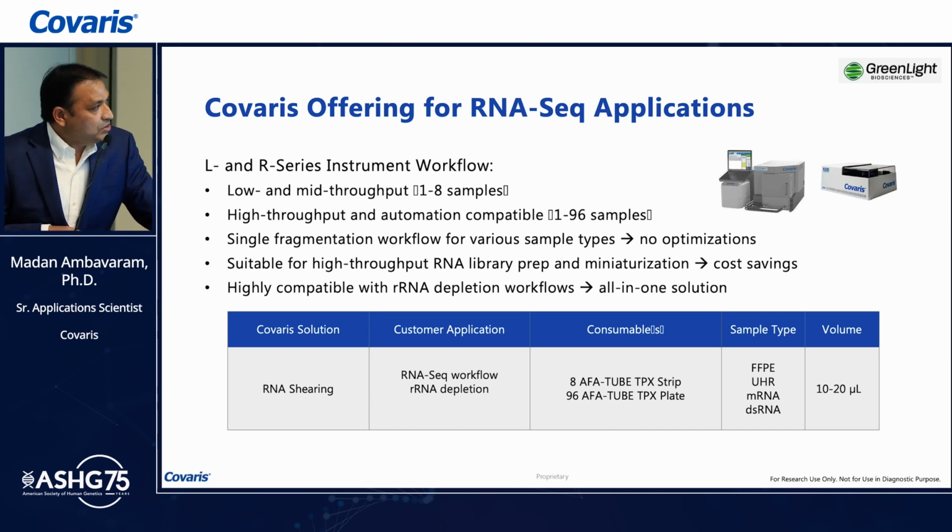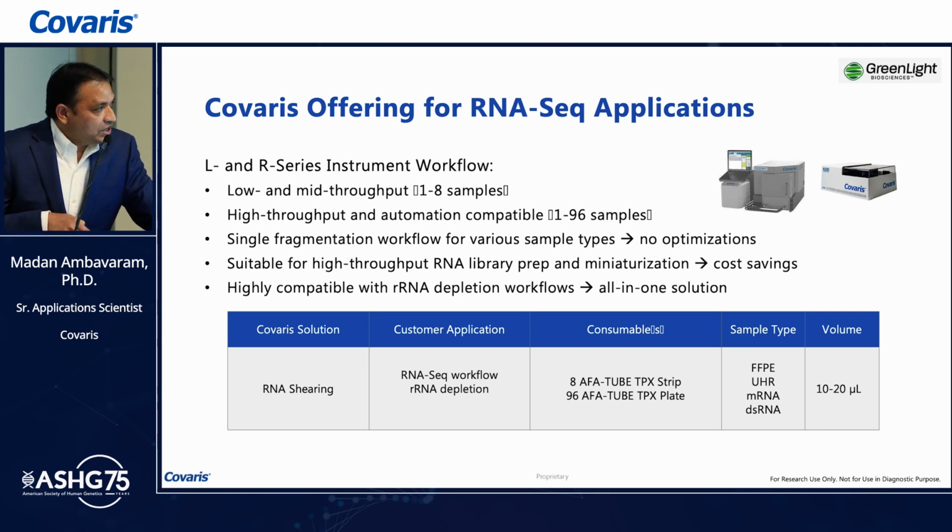Speaking about cost savings, it is highly suitable for high-throughput RNA library prep and for miniaturization workflows, and is highly compatible with various ribosomal RNA depletion workflows, an all-in-one solution plugging into the broad spectrum of RNA sequencing workflows.